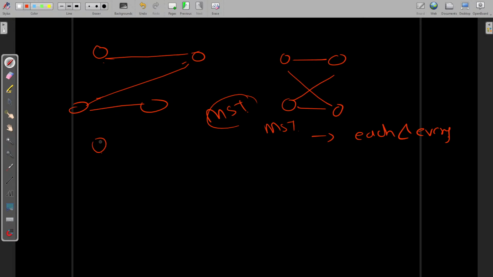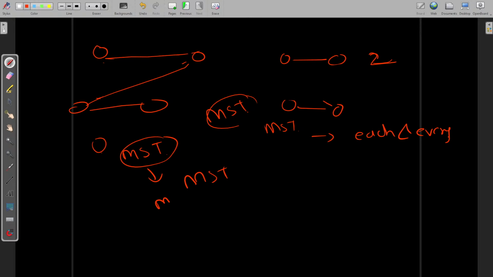So if I keep all the edges, then the number of components is only one. So I will have to delete some edges and make the number of components equal to 2. So we will use the same algorithm as MST, but we will tweak it to find the maximum spanning tree.